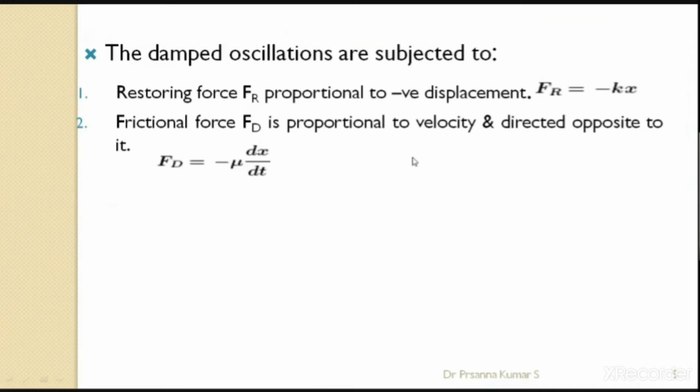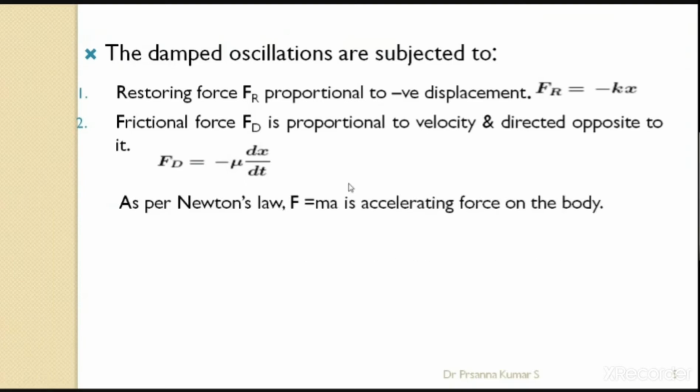When you look at the movement of the pendulum, the velocity also decreases because of the resistance. If the medium is a higher resistive medium, then the velocity of the body also decreases. So the resistive force Fd is proportional to the damping coefficient of the medium, and dx by dt, that is the velocity.